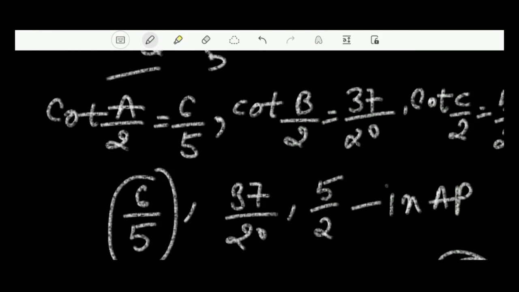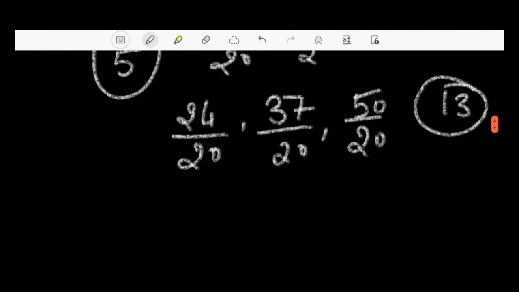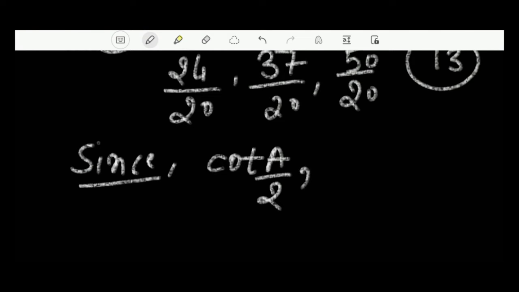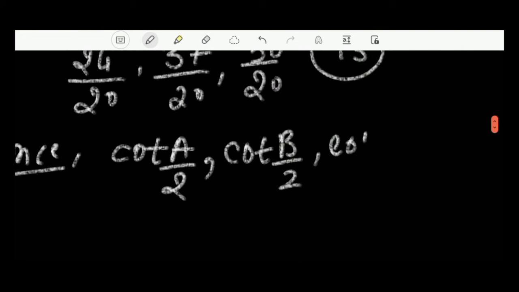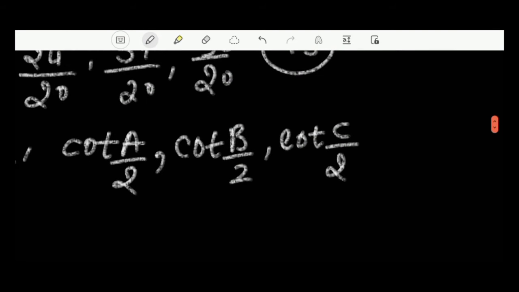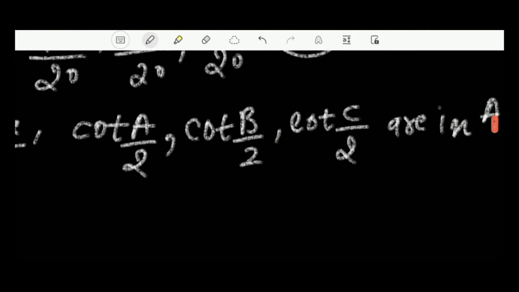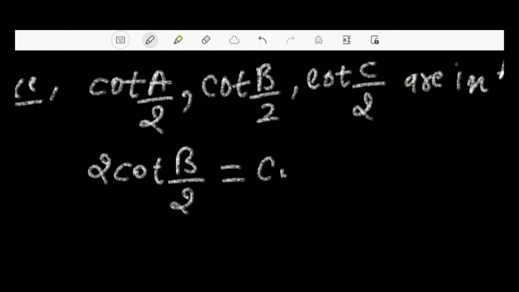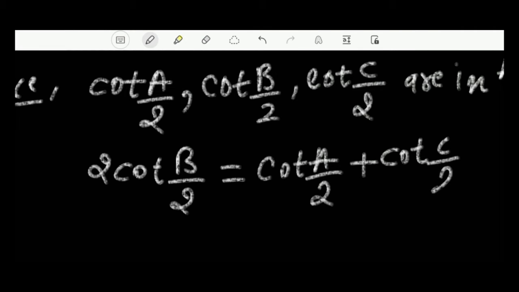So now what we can say that since we know that cot a by 2, cot b by 2, and cot c by 2 are in AP, so we can simply say that twice of cot b by 2 is equal to cot a by 2 plus cot c by 2.